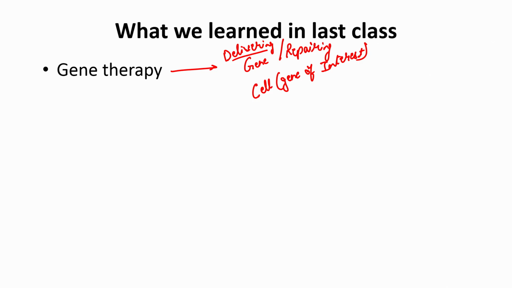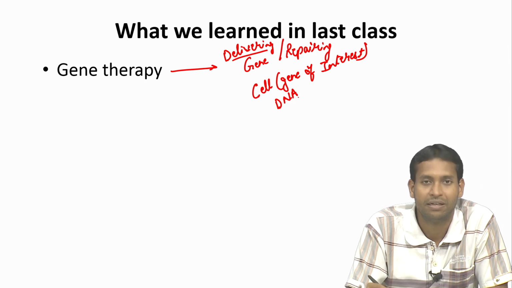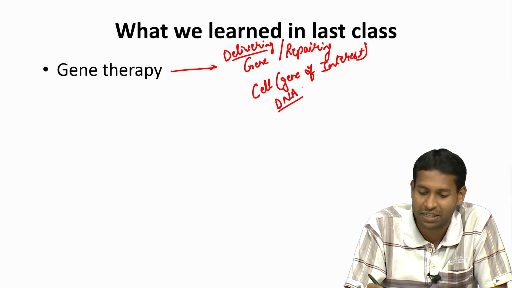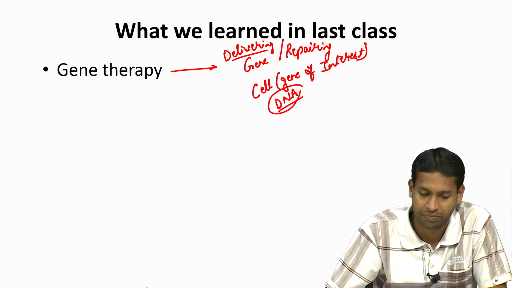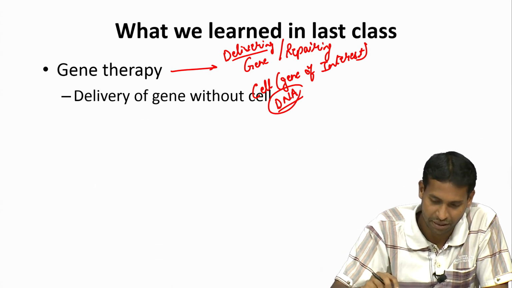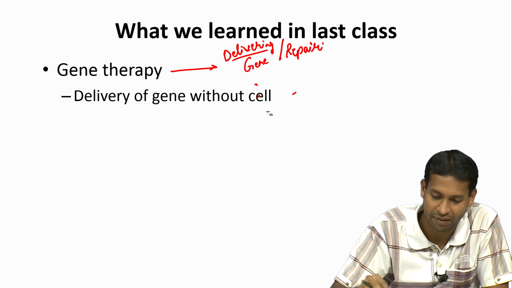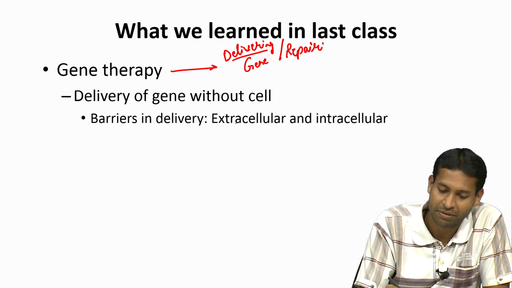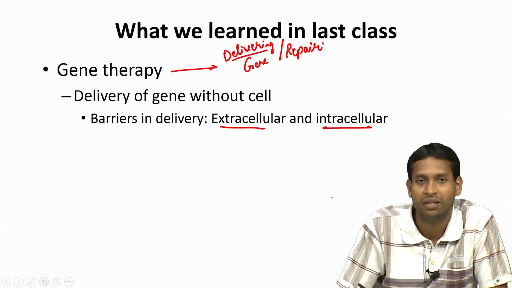And then the other way that we were discussing in the last class was delivering directly the DNA and making sure that the DNA then goes to whatever site we want, and we discussed there are several barriers to that. So, delivery of gene without the cell itself, so just the gene itself, and there are several barriers both extracellular and intracellular.